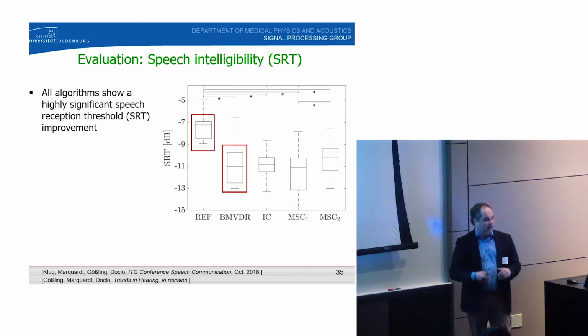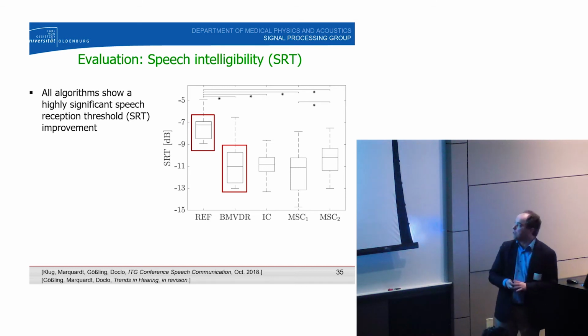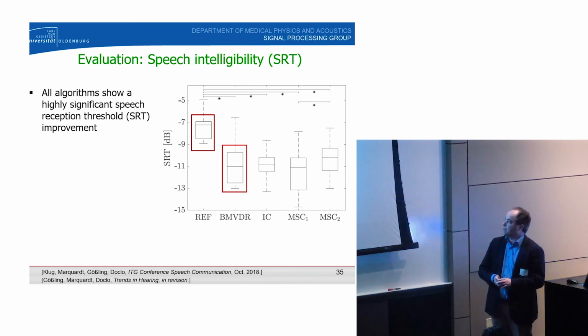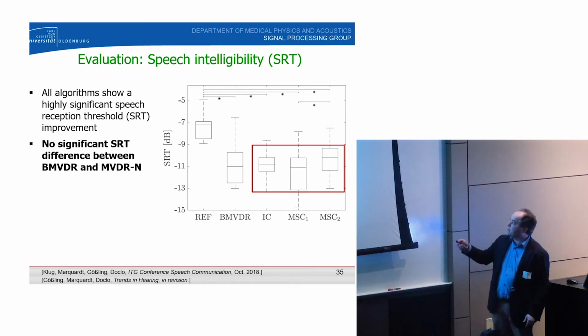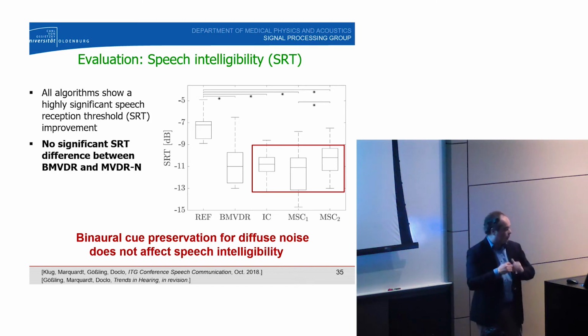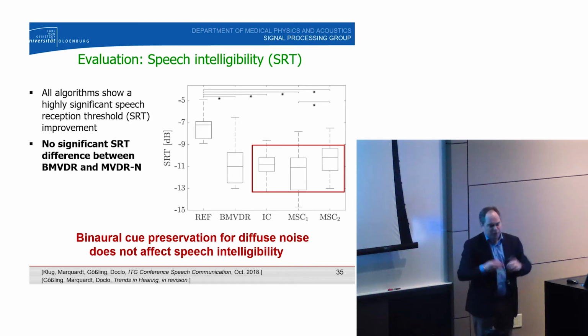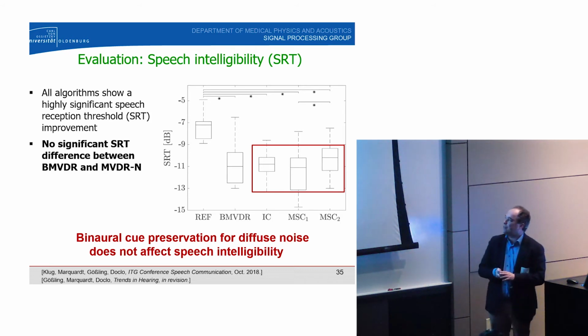It improves the SRT by about 4 dB, which is a well-known number also shown by other studies. And with our extension, it pretty much stays the same. There is no statistically significant difference between these mixing-in algorithms and the original algorithm. So almost in conclusion, you will gain spatial awareness, spatial quality, but you don't lose in speech intelligibility. You also don't gain in it, but that's basically also not what we want to directly achieve.